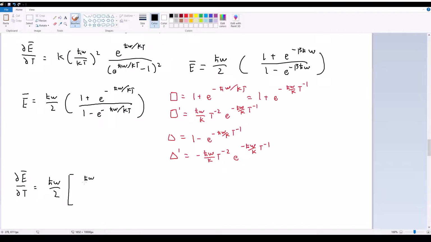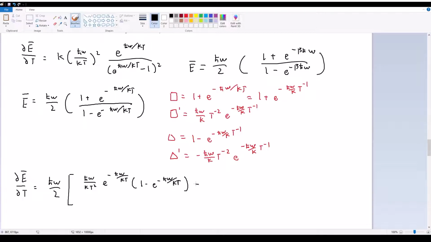So this is going to be, let's see, h bar omega over kT squared times e to the negative h bar omega over kT multiplied by 1 minus e to the negative h bar omega over kT. Excuse me, box prime times triangle minus triangle prime times box. So I'm going to cancel out the minuses.